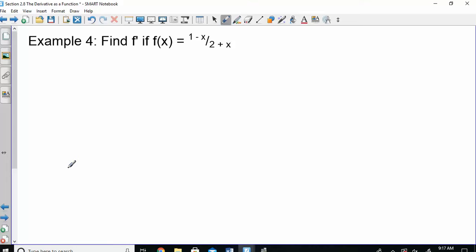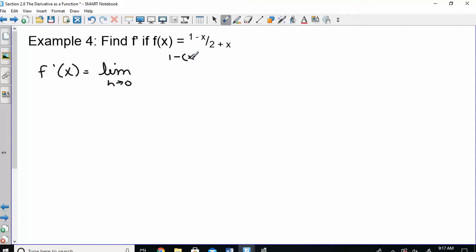All right, let's find some more. I want f prime of x. So the limit h approaches 0, f of x plus h.